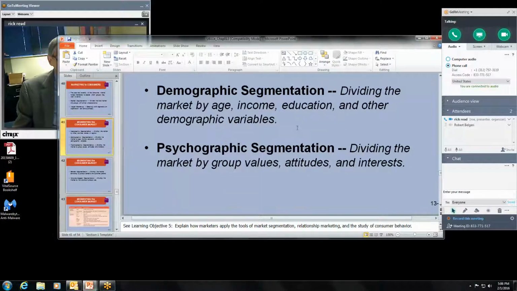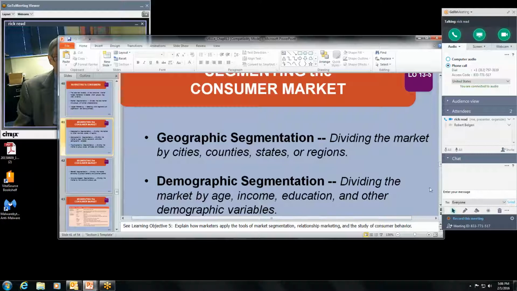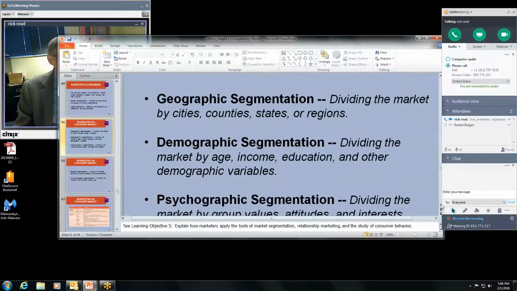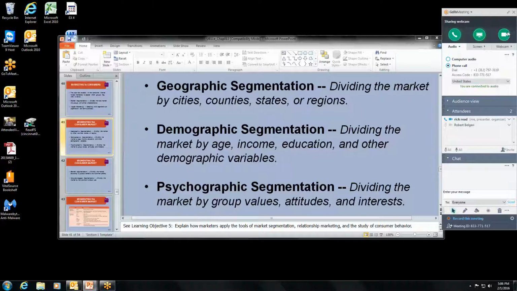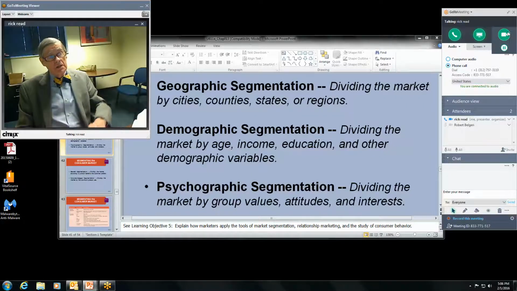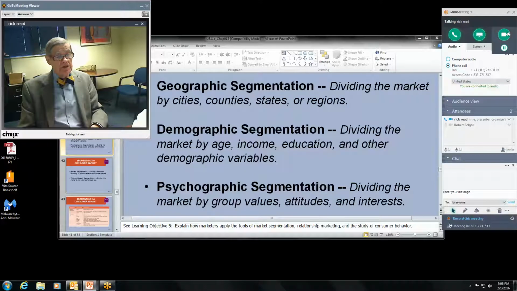We also have things called demographic segmentation. Well, let me get up here. Geographic segmentation. Obviously, that needs no further explanation. The demographic segmentation, that's going back to what I was talking about before in the marketing part, but also giving some additional information. And then psychographic. Notice what this is.